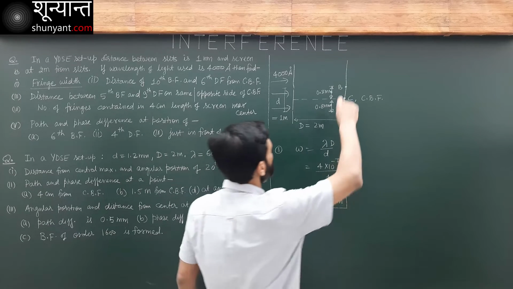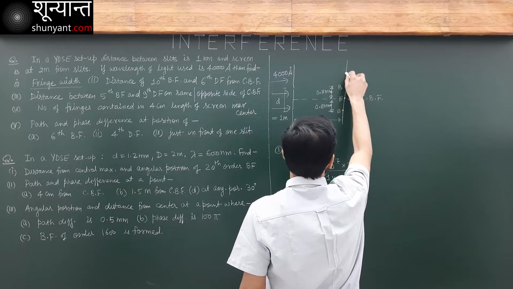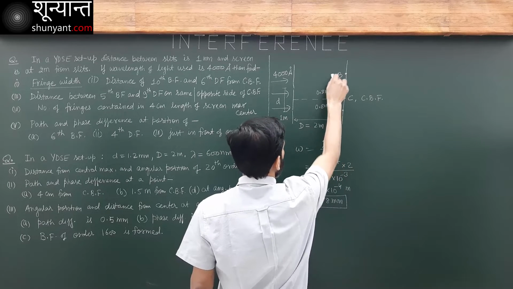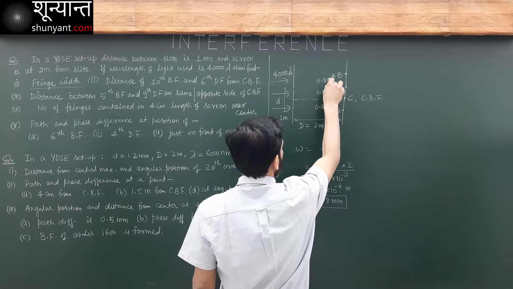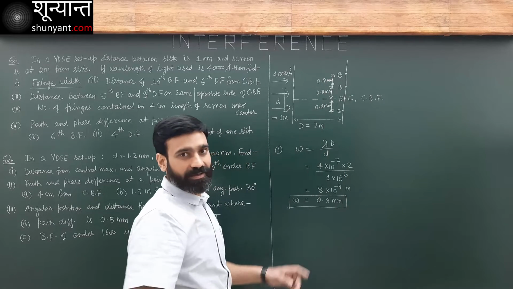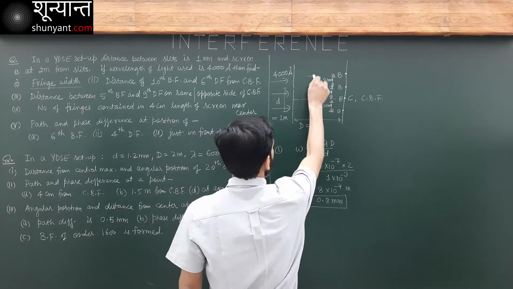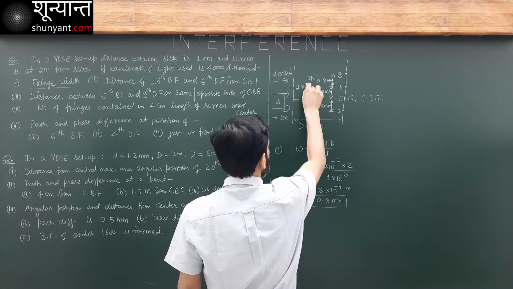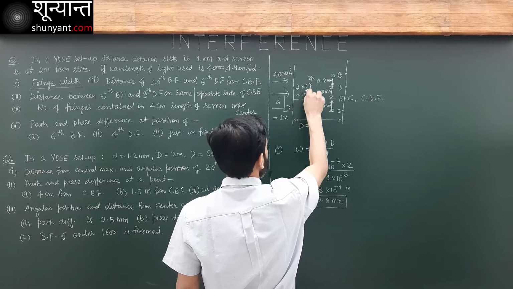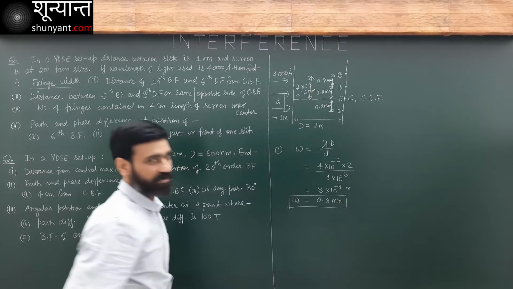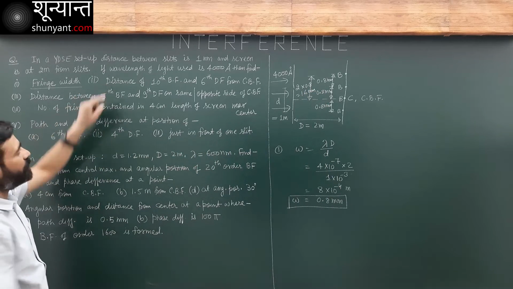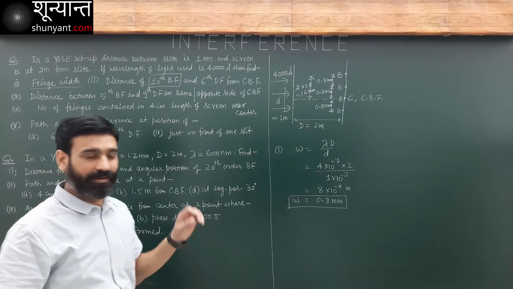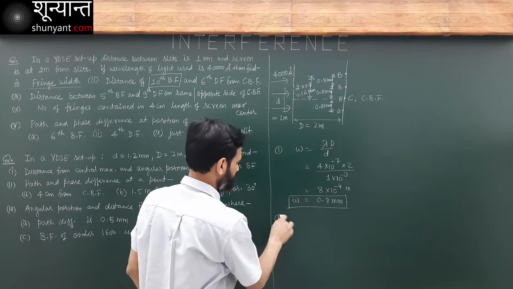Now, if I consider the next bright fringe, this is going to be again 0.8 millimeter. If I consider the distance of the second bright fringe from the center, this will be equal to 2 times 0.8, 1.6 millimeter. Now, similarly, I have to find the distance of the 10th bright fringe.